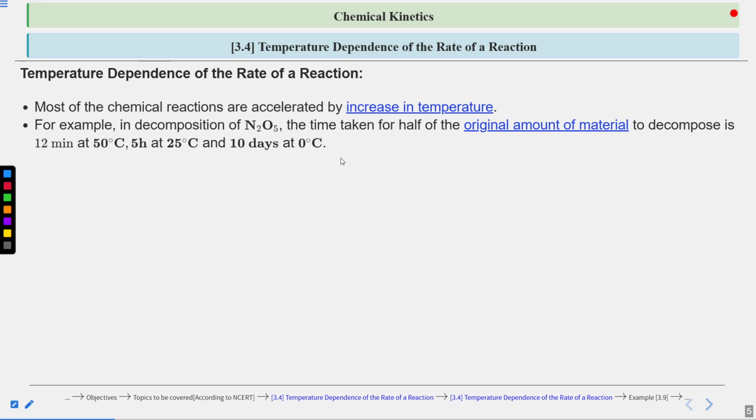That's how temperature can affect the rate of a reaction.